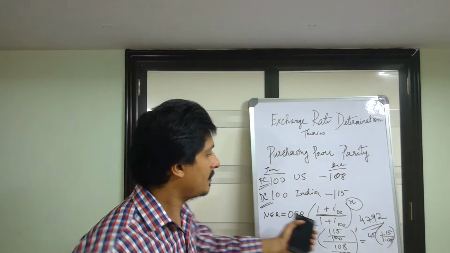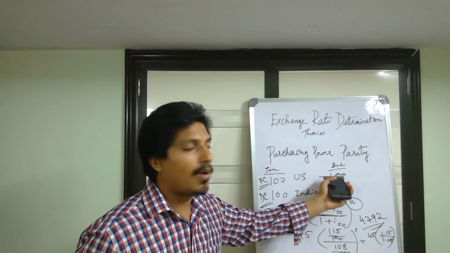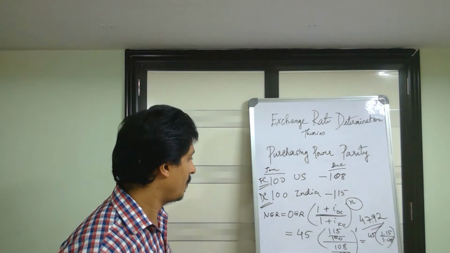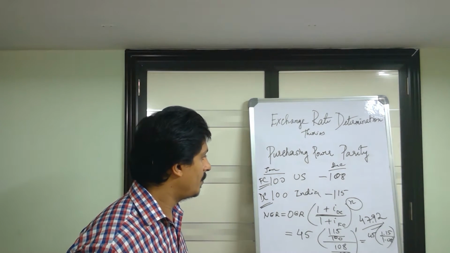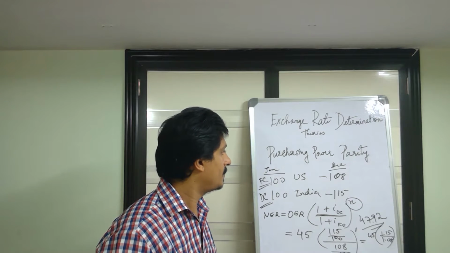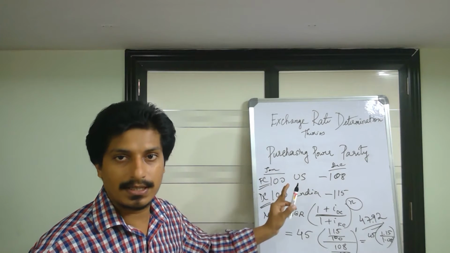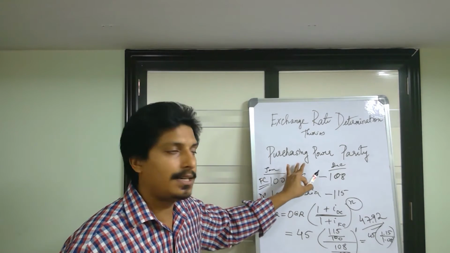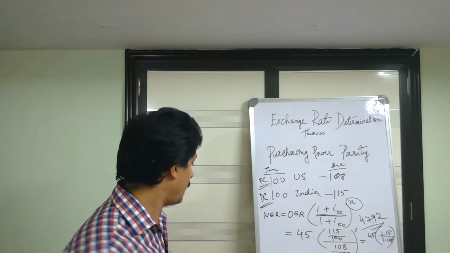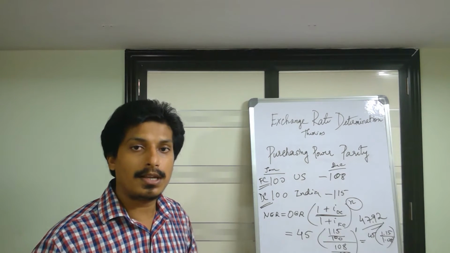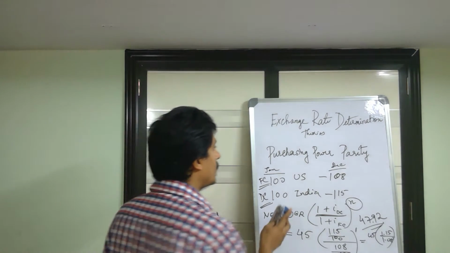It depends on what day's index value you are taking. That's it about purchasing power parity theory. One theory, two versions: absolute version and relative version. We prefer the relative version over the absolute version.